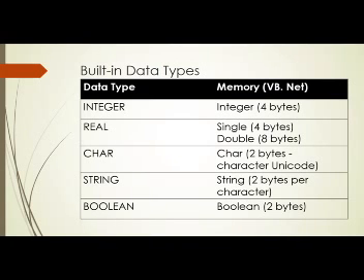If you are entering a 5-character name, it would consume 10 bytes. And a Boolean might consume 2 bytes. So this tells us which data type uses what number of bytes in your memory.